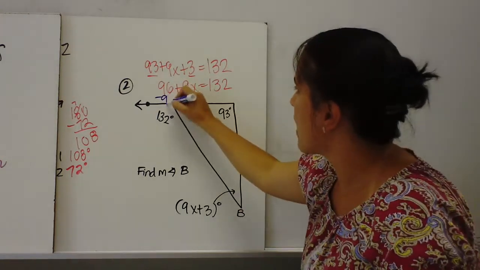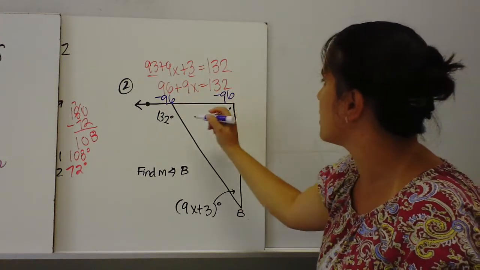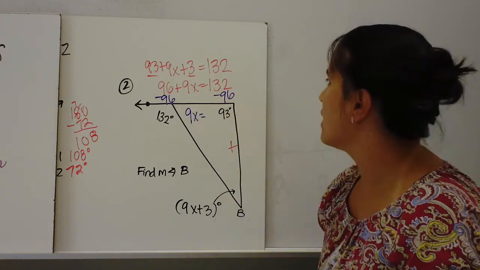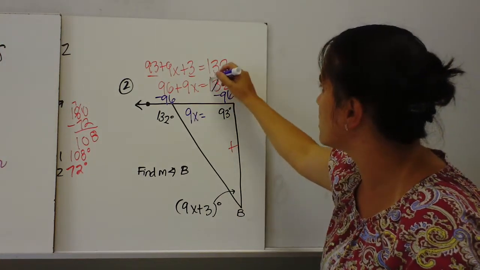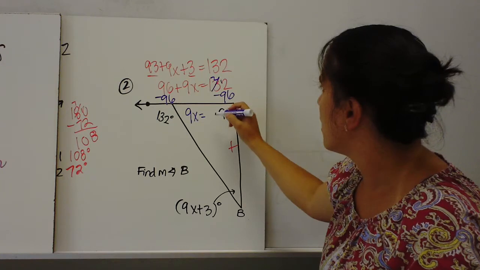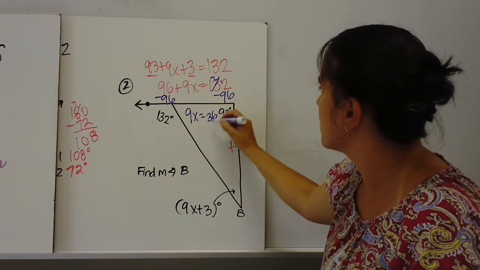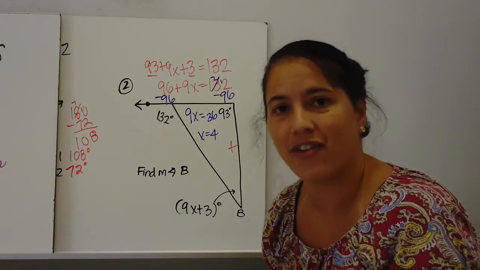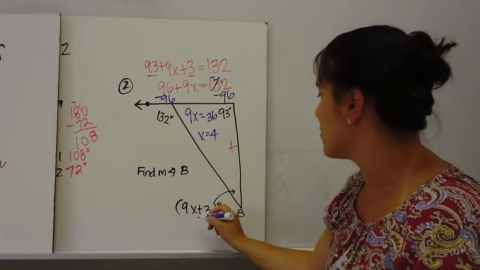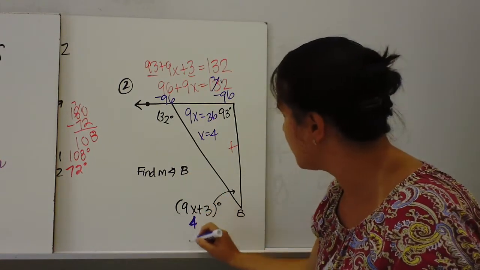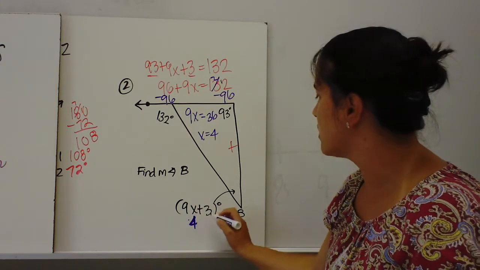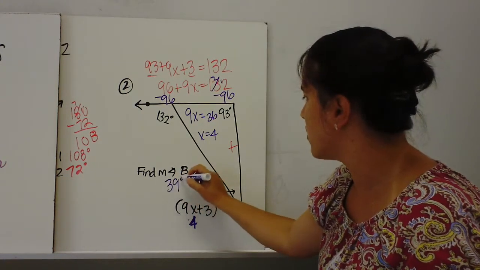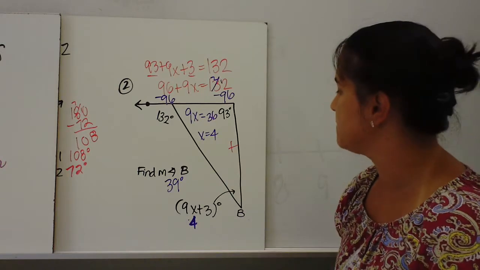I'm going to subtract 96 from both sides, and I'm going to get 9x is equal to 36, and x is equal to 4. However, the question's not asking for x, the question's asking for angle B, so we have to substitute x back in. So 9 times 4 is 36, plus 3 is 39, so it'd be 39 degrees.